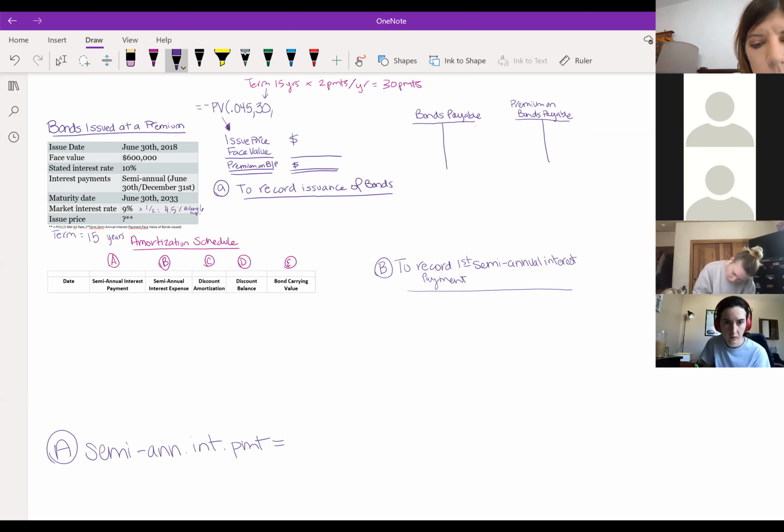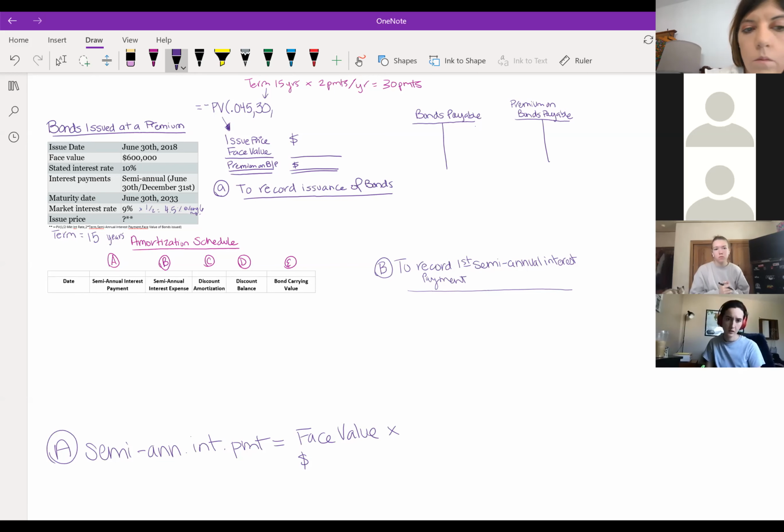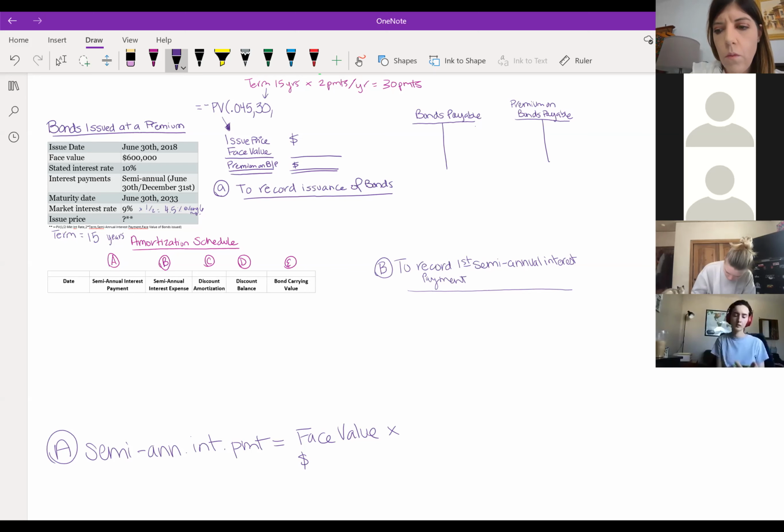So semi-annual interest payment, face value of these bonds was how much? $600,000. 600,000, correct.